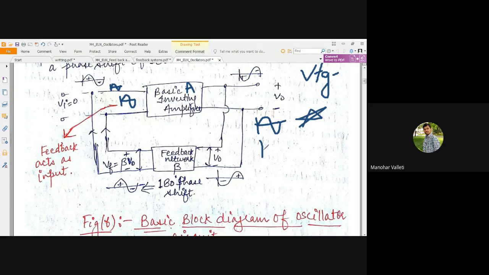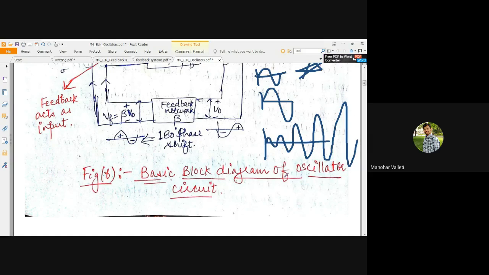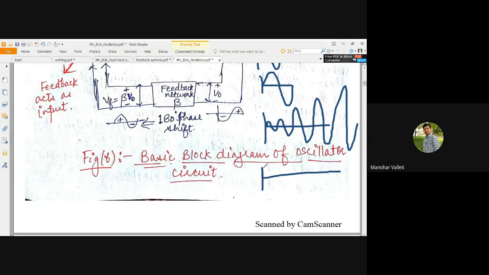Now that signal is amplified again and we get a more amplified signal. So based on the loop gain, you will get increasing amplitude like this, or sustained oscillations with the same frequency.